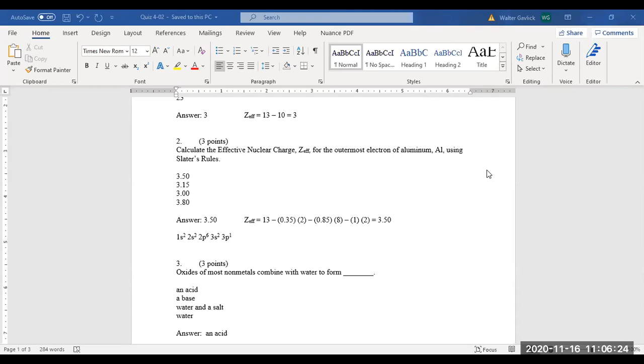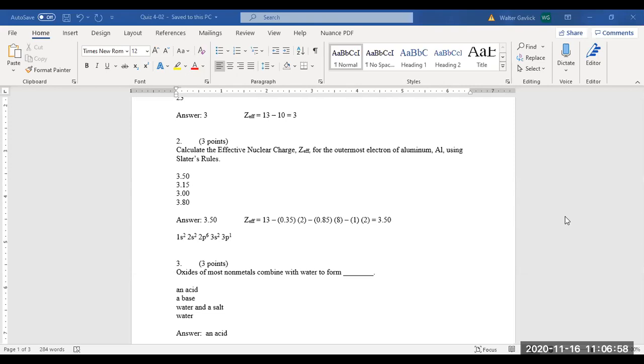For electrons with the same principal quantum number as the outer shell, in this case 3, we have 3 of those electrons: 2 3s electrons and 1 3p electron. Since we're calculating it for that 3p electron, we don't count that one. So we have 2 electrons in that level, so it's 0.35 times 2.